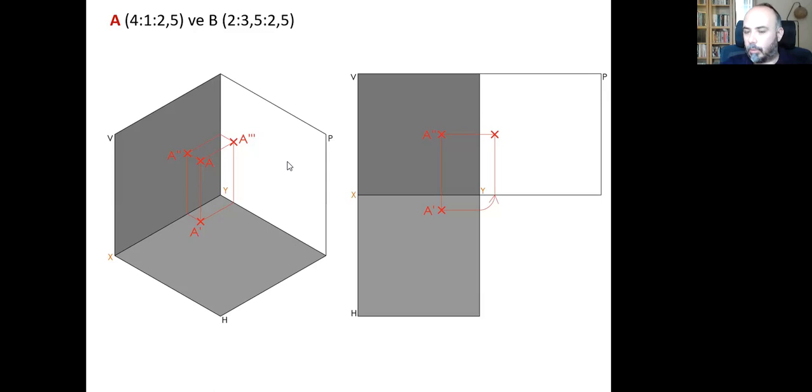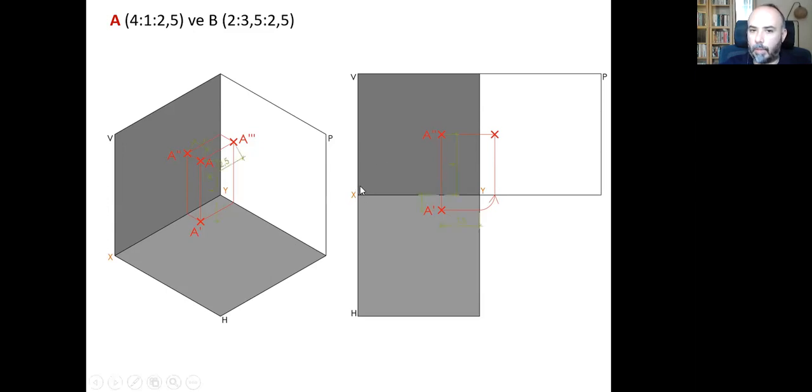But I don't need to measure it anymore because they are right in front of me. I just need to transfer this level here using this point, and transfer the distance by using my compass, and their intersection will indicate the position of A triple prime.